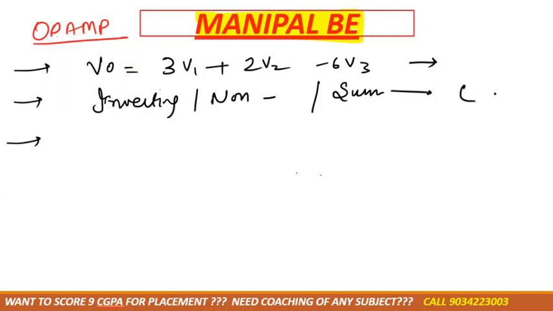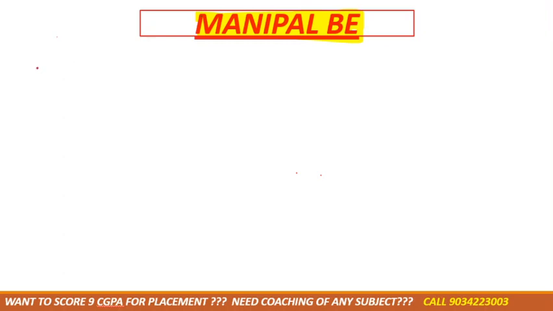So you must remember the derivation formulas. Another question they can give you is based on CMRR, right? So let's see the formulas first for op-amp. As I told you, the very first type of amplifier is the inverting amplifier, right?